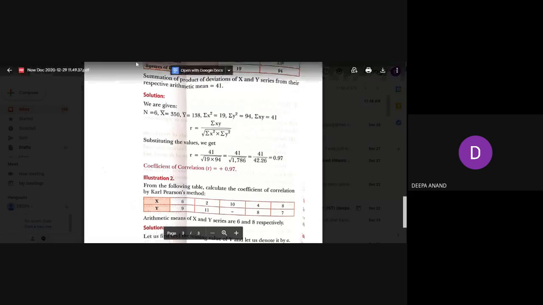Then write: arithmetic mean of x and y series are 6 and 8 respectively.